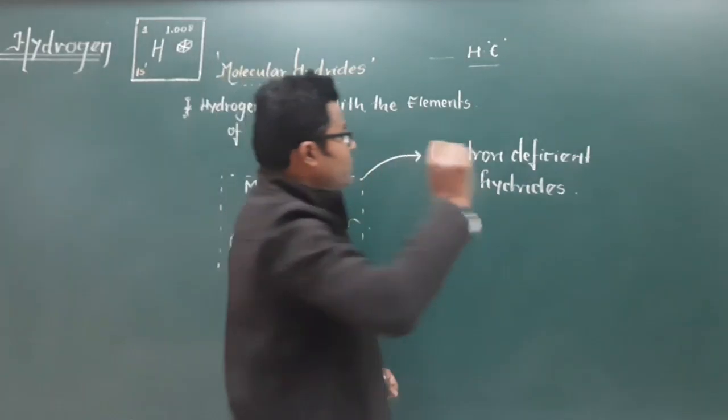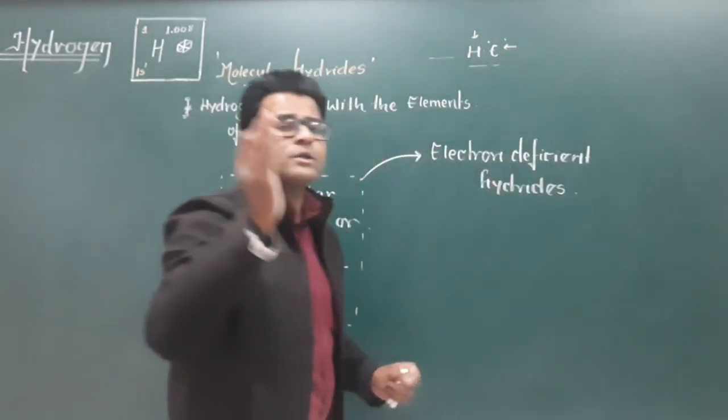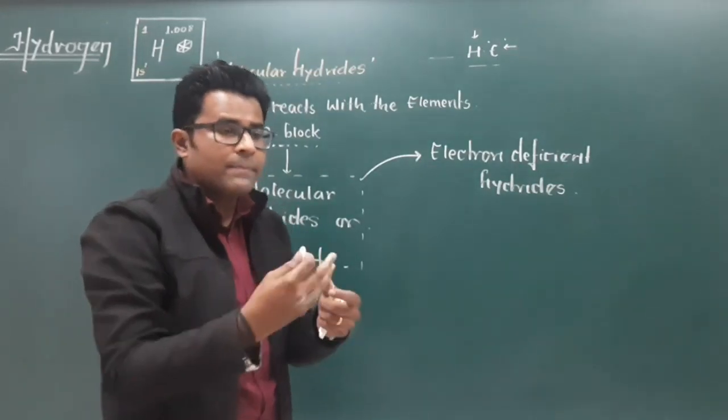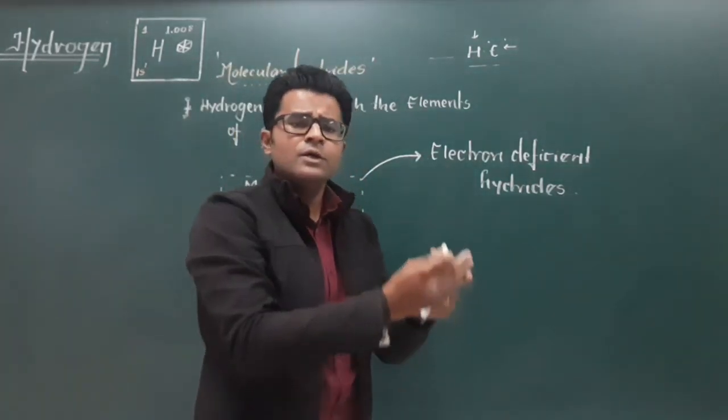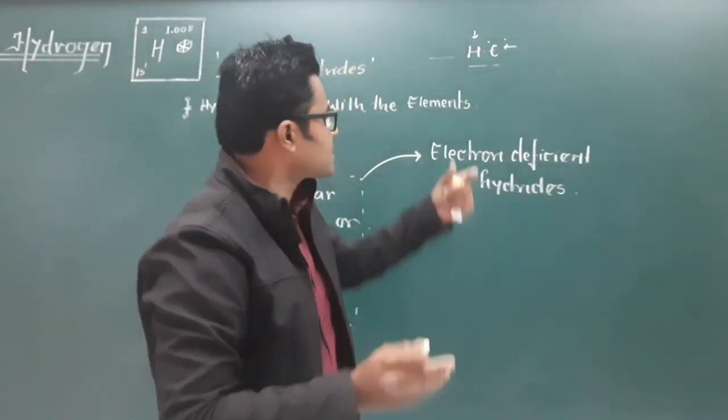That means between the two elements, the number of electrons is less. When we represent its Lewis structure, we cannot have a sufficient number of electrons. We are going to discuss this in detail.